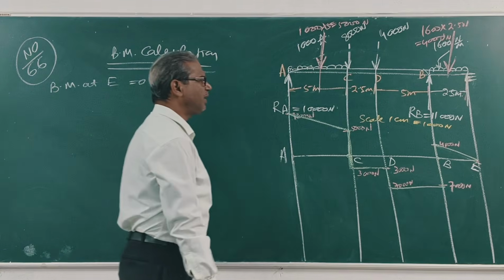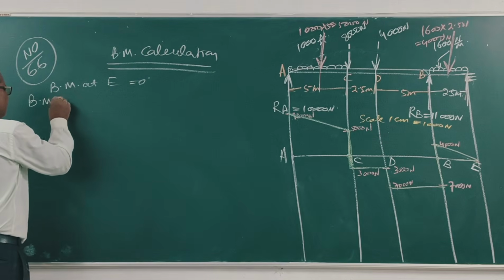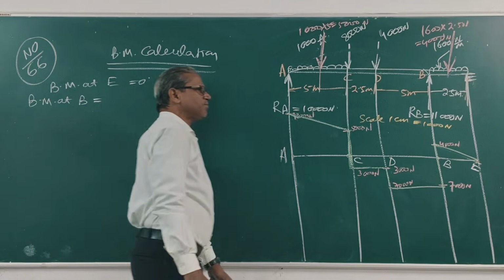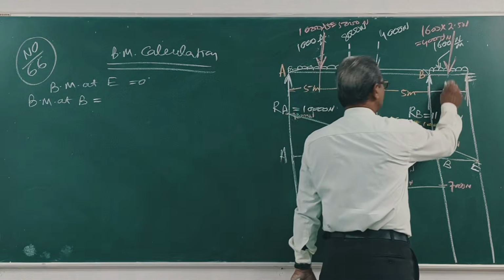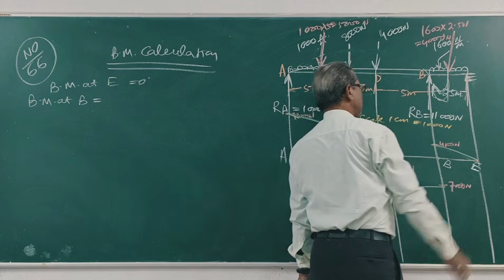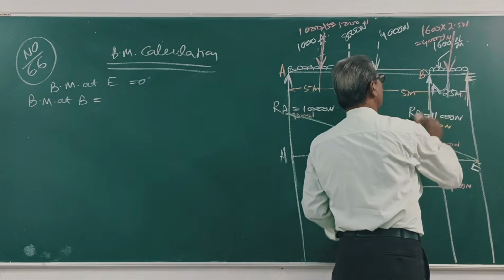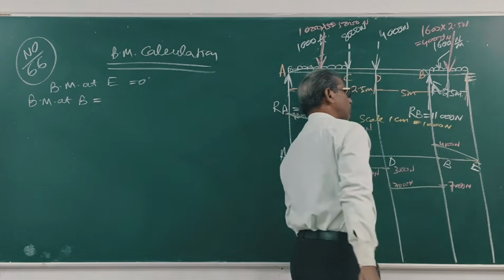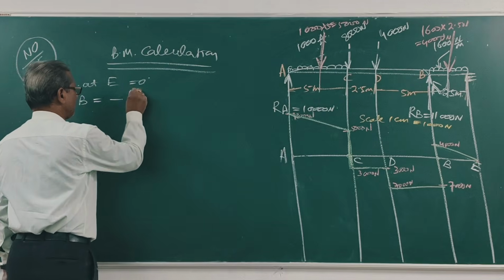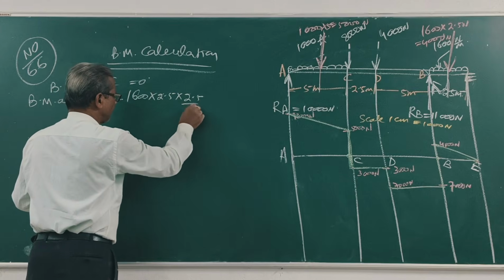At B, BM is equal to minus 4000 into 2.5 by 2, minus 1600 into 2.5 into 2.5 by 2.